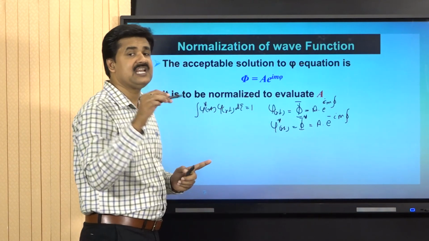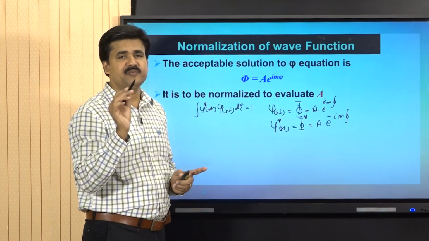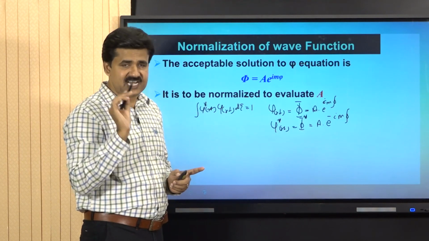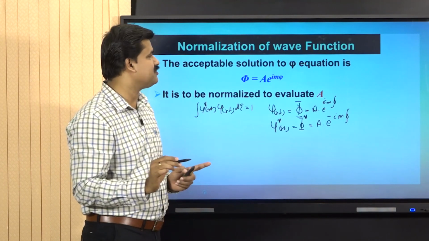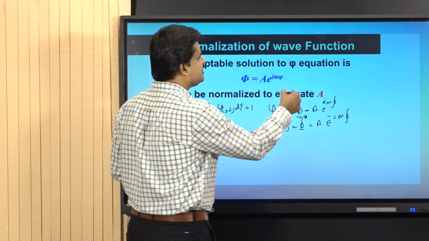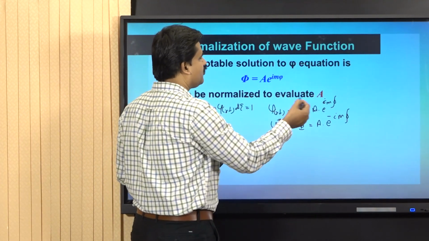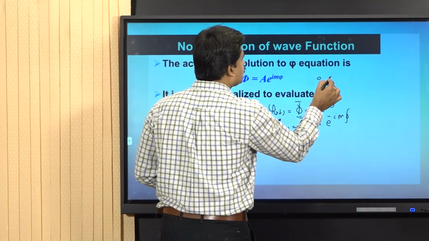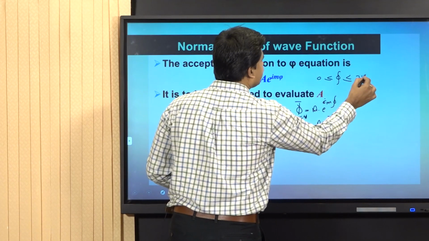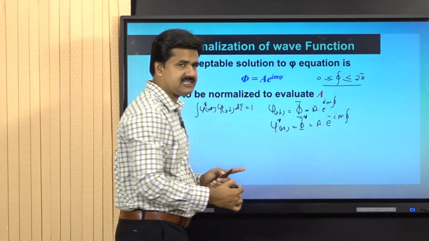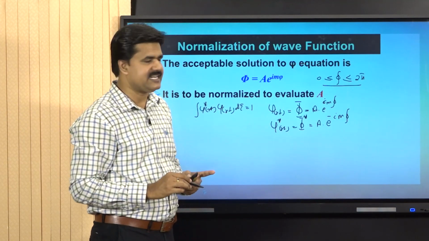And think about the limit of integration. It should be noted that the integration limit ranges from 0 to 2 pi. This is because the boundary condition for phi is 0 less than or equal to phi less than or equal to 2 pi. This we already learned with the spherical polar coordinates.